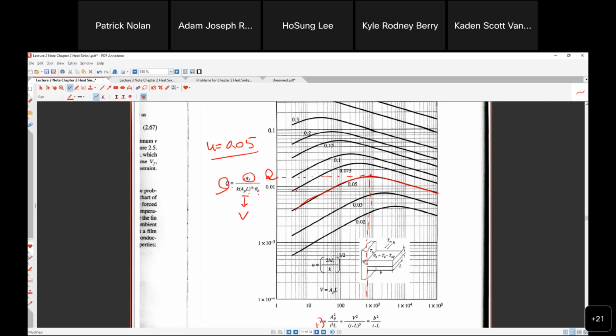So if Q is known, small q is known, you can calculate the V. And then once you know the V, what is the V?